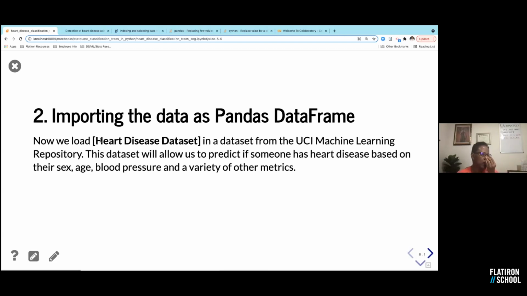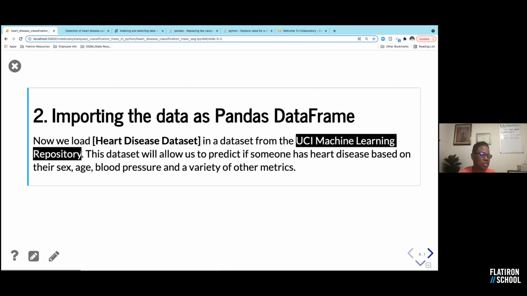And the data that I'm using is the heart disease data set. This is from the UCI Machine Learning Repository, which can be found on either UCI's website or Kaggle. It's a very popular data set that a lot of people use for learning and developing their data science and machine learning skills.